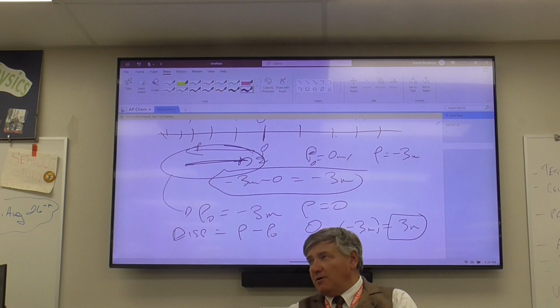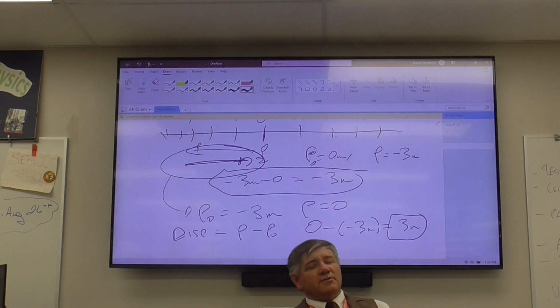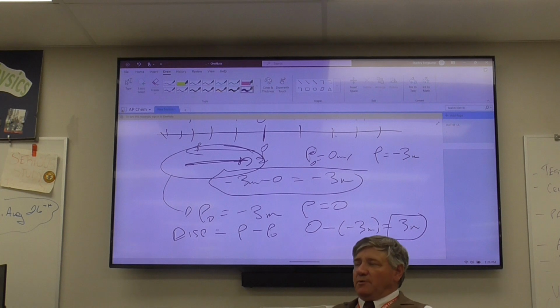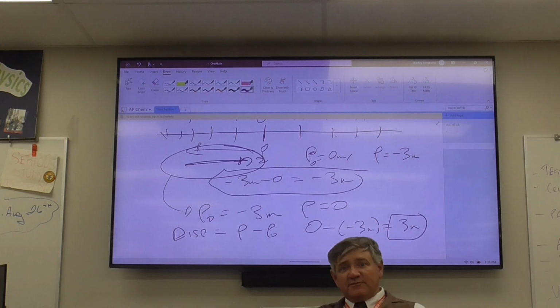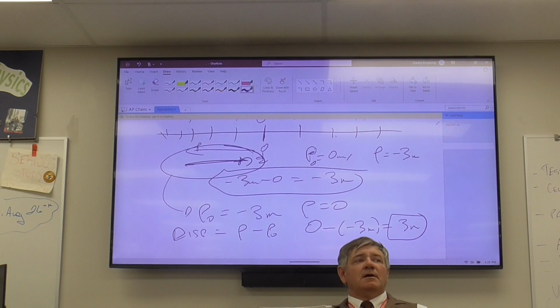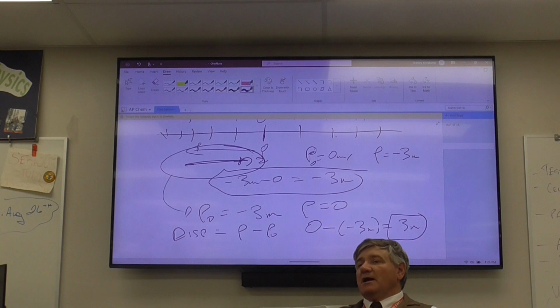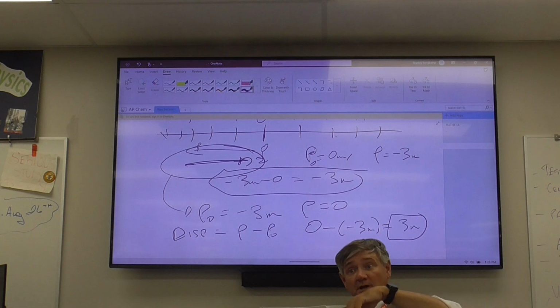Let's say I take this ball and I throw it up in the air, and it bounces back down. There are 2 options for the reference point. You can let my hand be the reference point, or you can let the ceiling be the reference point. Mac, if my hand is the reference point, how would you describe the motion relative to my hand? Above, and then it's going to come back down.